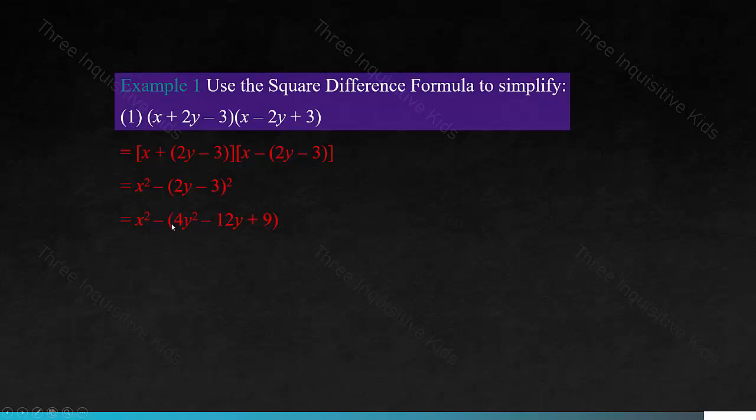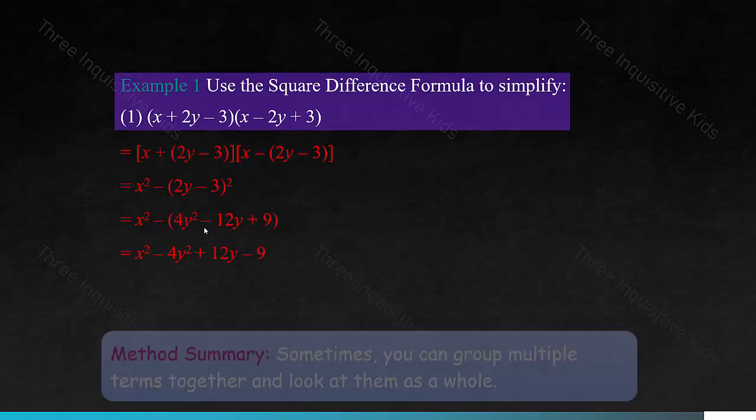X squared minus parentheses 4y squared minus 12y plus 9. Remember, we still have the parentheses here. And now, after we use a perfect square formula, we can distribute this negative 1 into the parentheses. We get x squared minus 4y squared plus 12y minus 9. I want you to pay attention to the signs in parentheses.